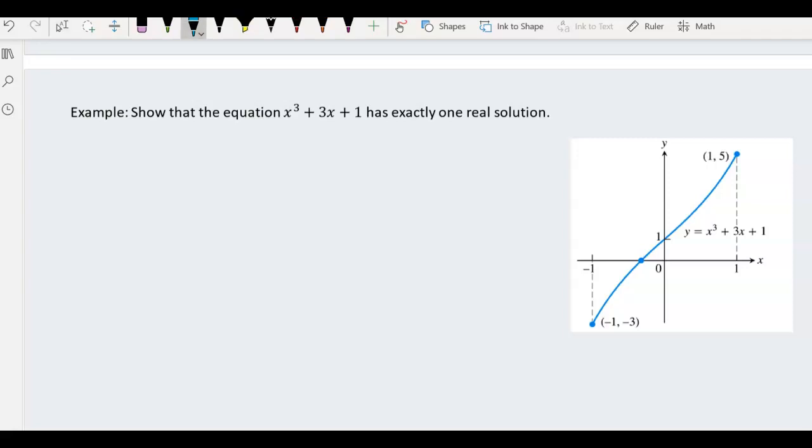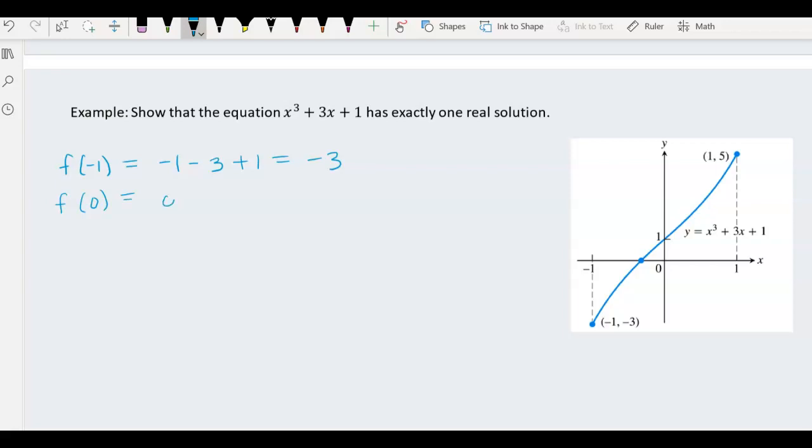I'm going to pick a point on the left here. Let's take -1. And if I plug -1 into the original function, I'm going to get -1 minus 3 plus 1. So we get -3 as the output. And then I'll take another point on the right. Let's take 0.